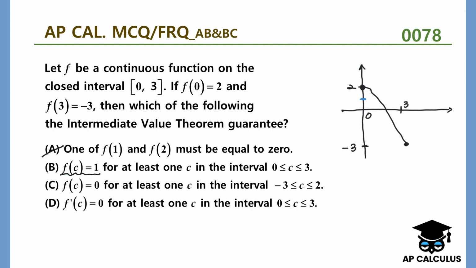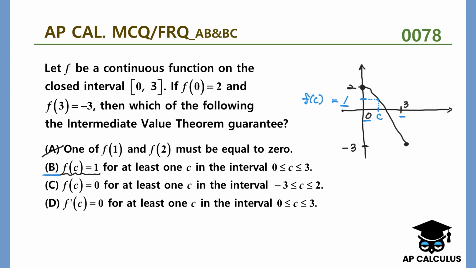So if y is equal to 1, we must have an x value between 0 and 3 where the function value is equal to 1. Does that make sense? Okay, so this is a c, this is f of c. Okay, so B is true.